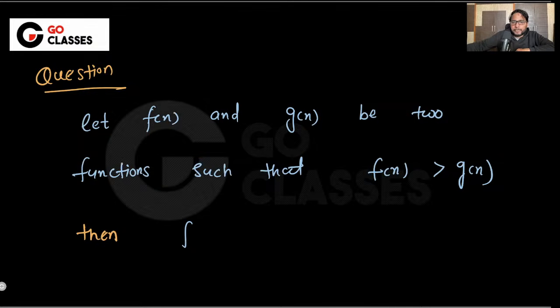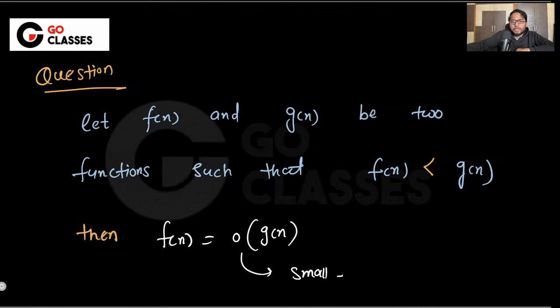Or maybe let me write Fn is strictly lesser than Gn. Now, can I say that Fn is equal to small o of Gn? This is a true or false question. Just tell me whether this is true or false.